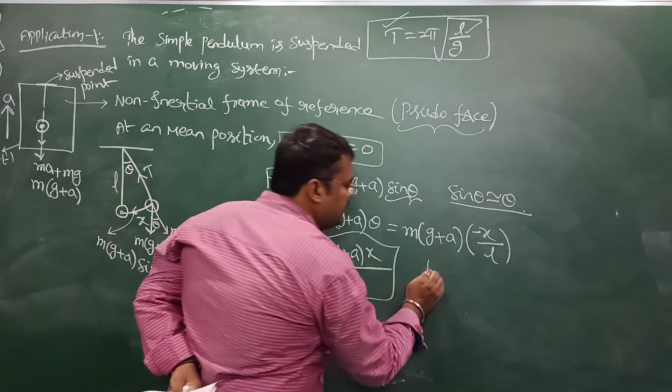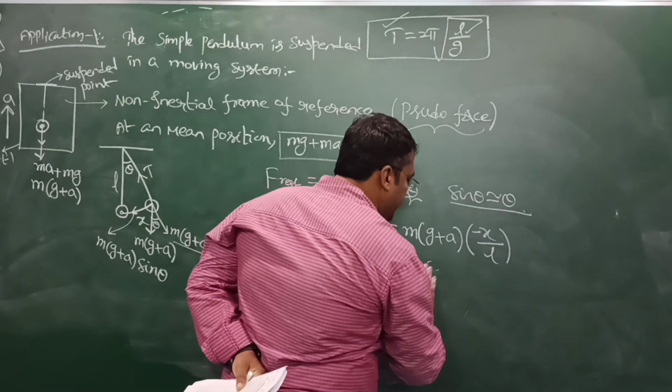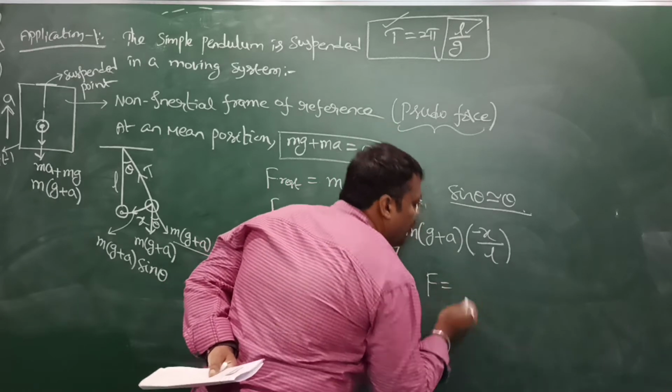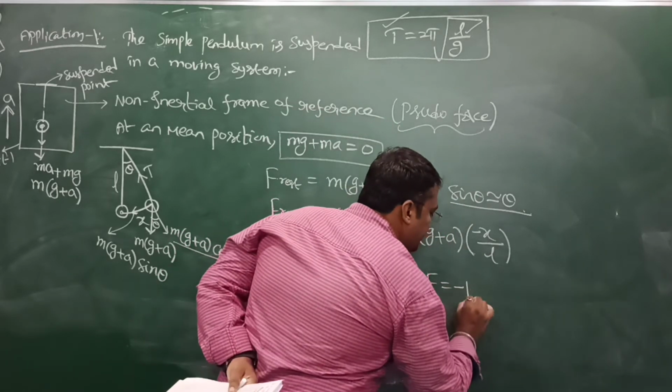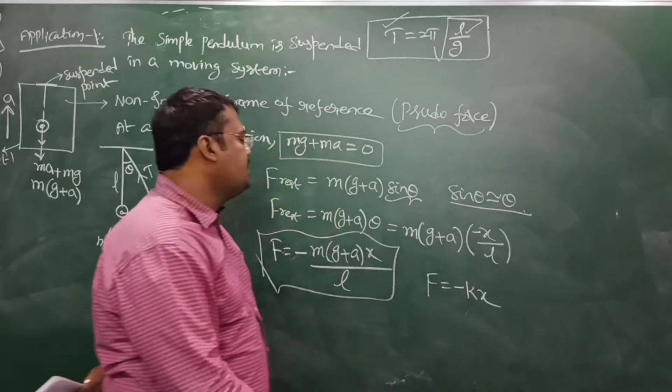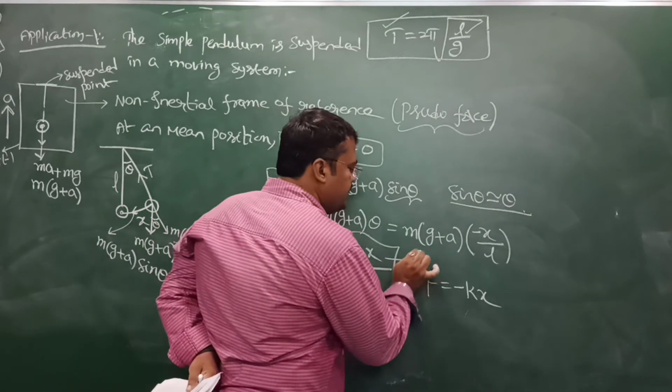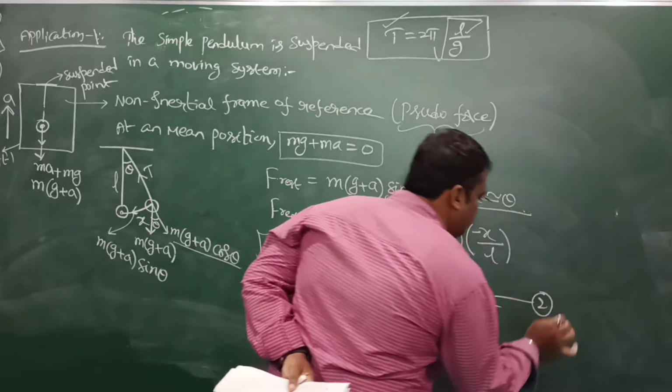Now let us take the third step. Let us compare with the main equation of simple harmonic motion, that is F is equal to minus kx. So this is the first equation, this is the second equation.